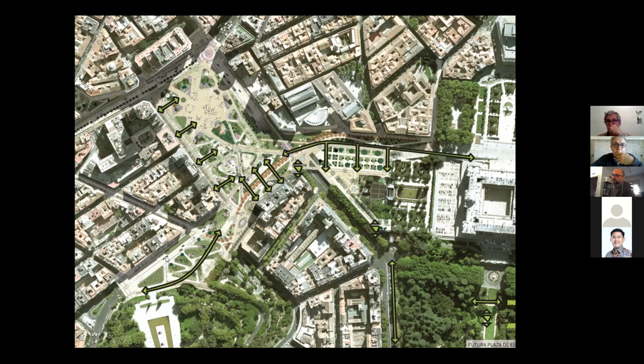And the other part of the project is mainly the idea of a linkage between the green areas. So there are two sides of the project, one more urban and hard, and the other more soft and green.